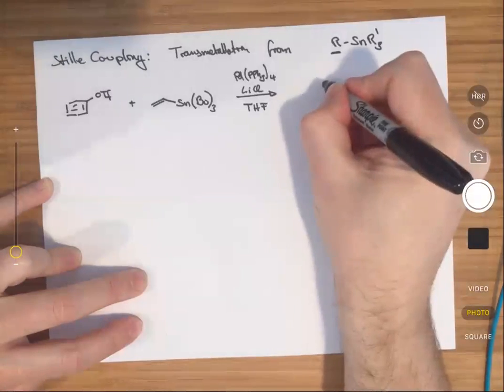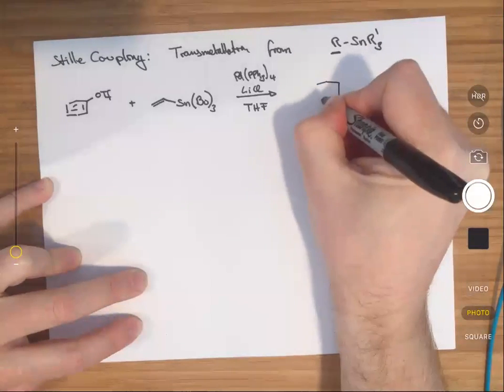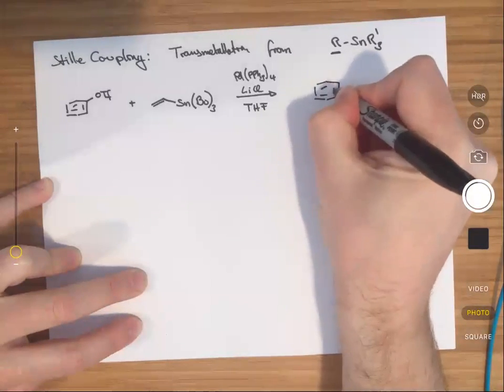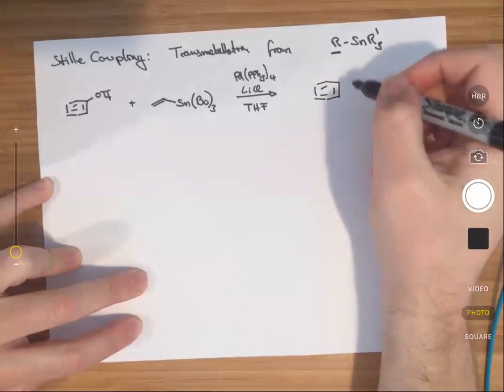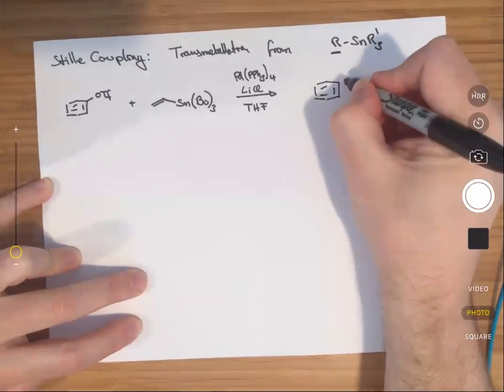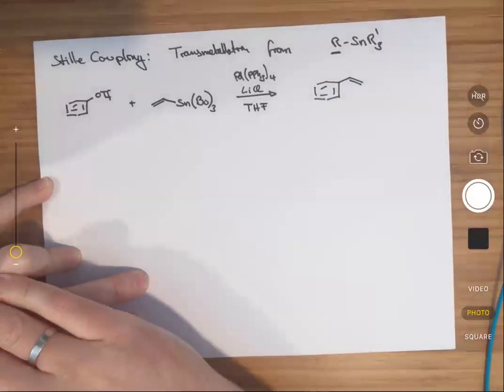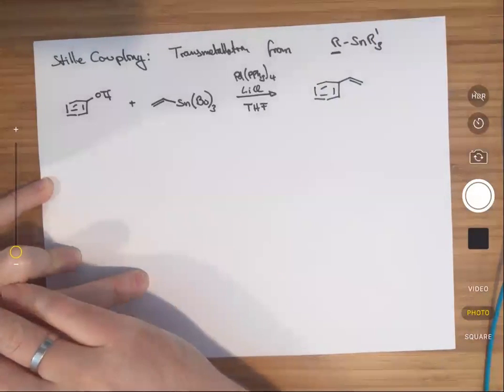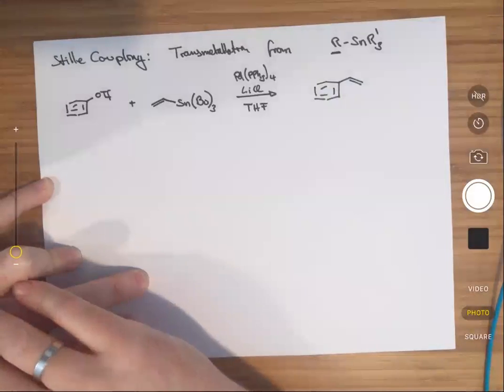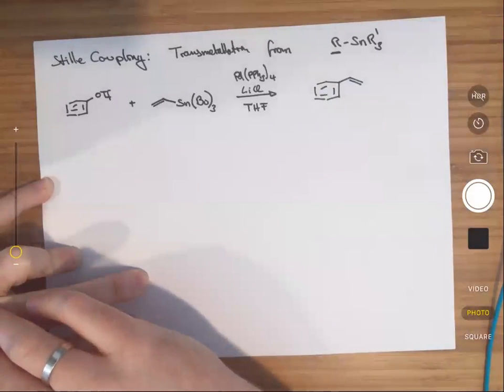And out of the reaction comes, as expected, the coupling product that you see here. In this case, we basically just add this vinyl group to the aromatic ring, so we have styrene in this case specifically.